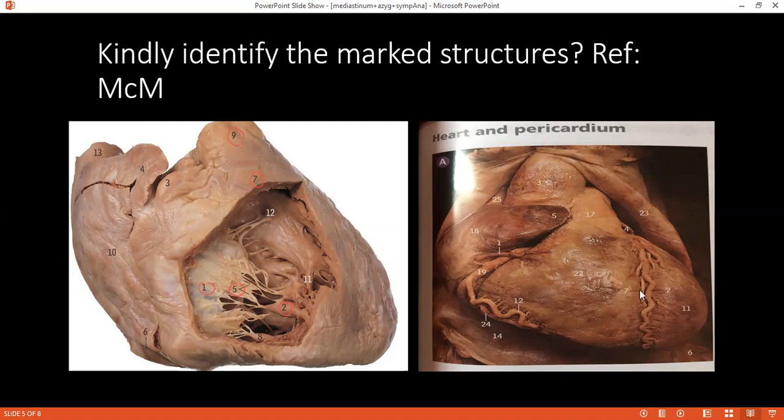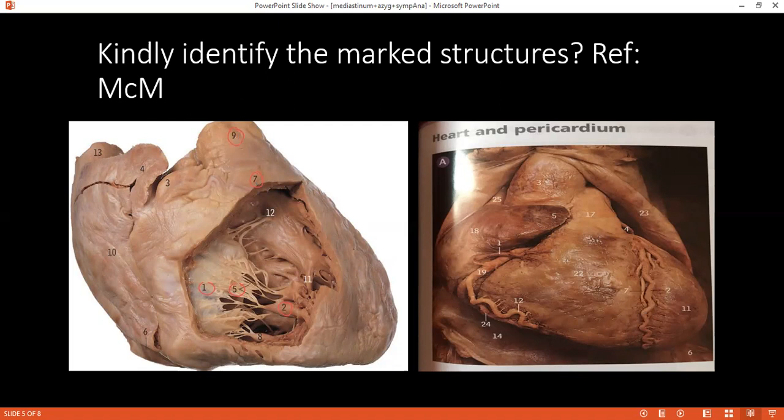Okay. What is this tortuous vessel? It's the marginal artery. In this diagram, if you can identify the right atrium, please. Right atrium will be number 7.